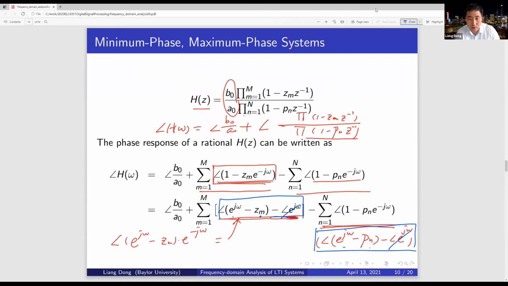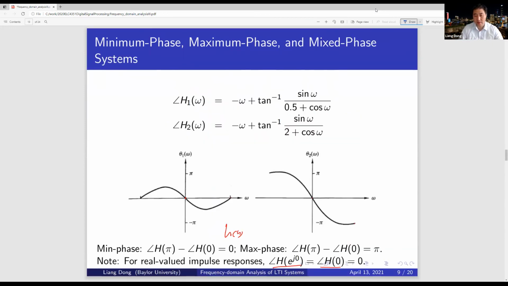Now let's look back to our case. Our example is simpler. Let's see if I can use this to explain the minimum phase, maximum phase issue. In this case, I have the unit circle here.